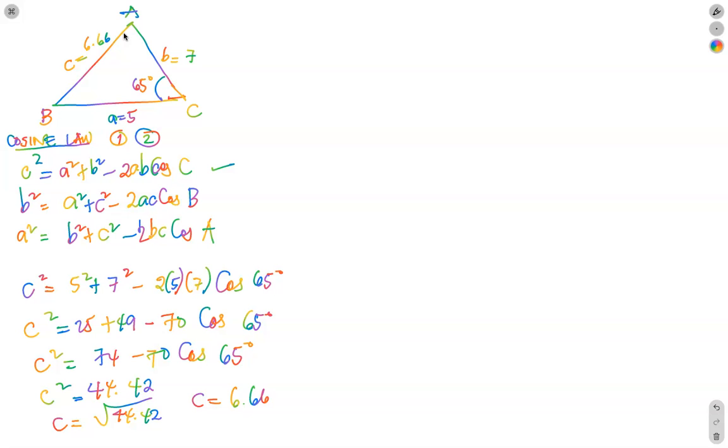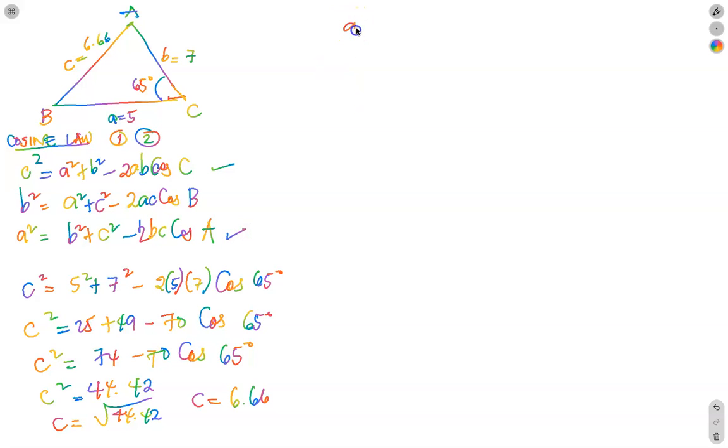Alright, next we can find either of the two unknown angles. So let us start with angle A. We can choose either sine law or cosine law, because we have here now 3 sides and one angle. So therefore we can choose either of the laws. Let's just use here the cosine law. Because we're going to solve for angle A, we will use this.